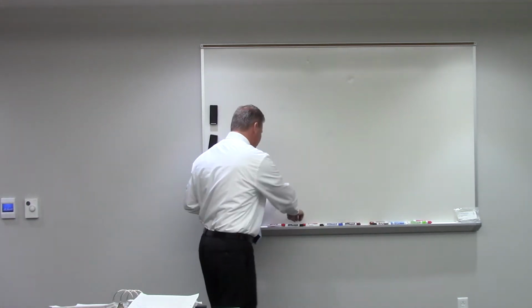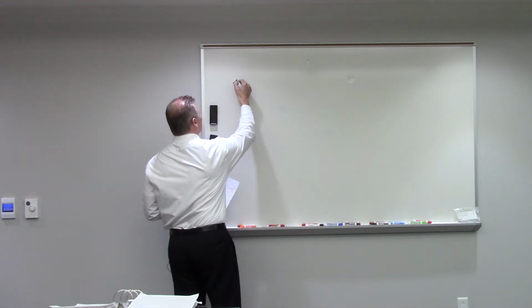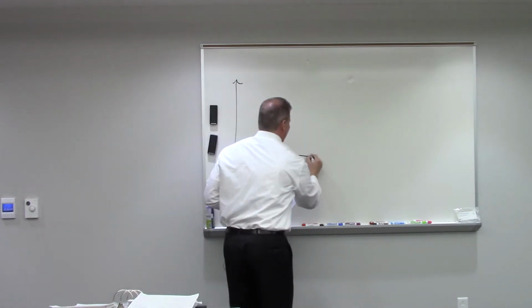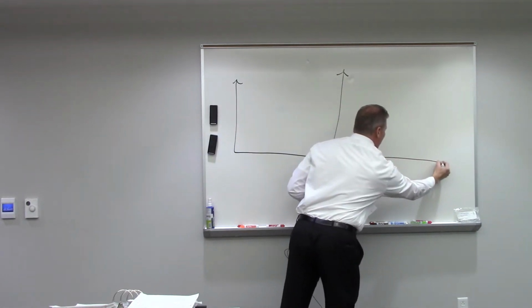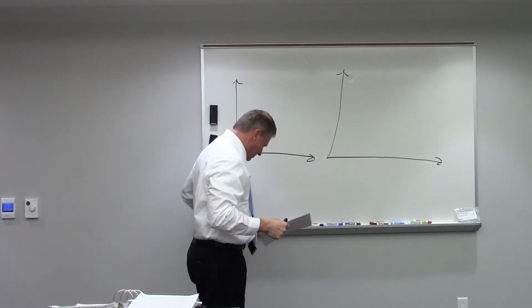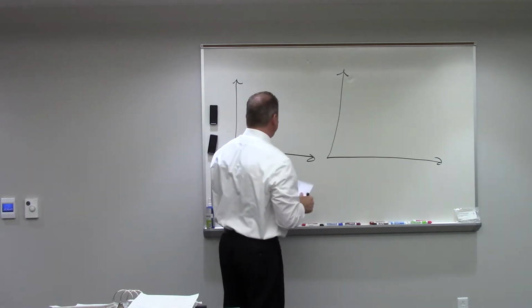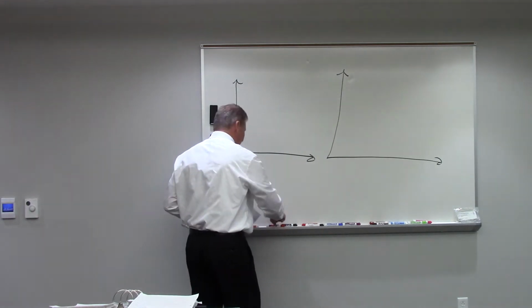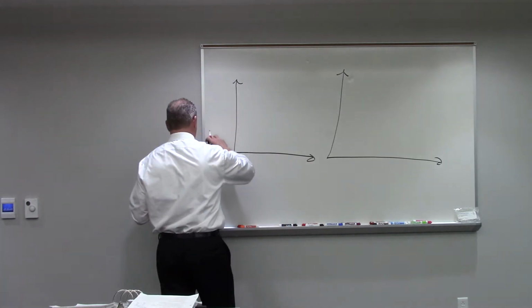So what we're going to do, give yourself some space in your notes. And some of this you should be very comfortable with. Now, we're going to assume that these are measured together.